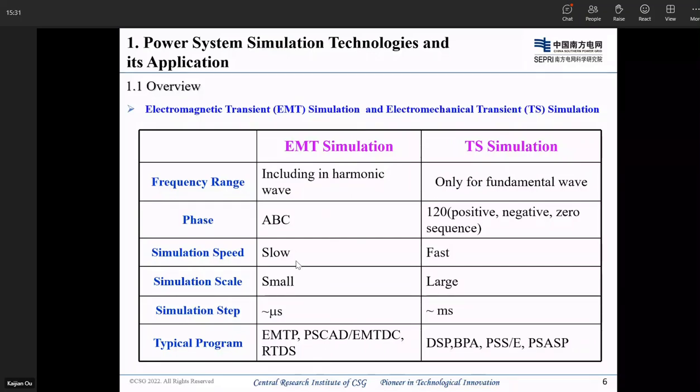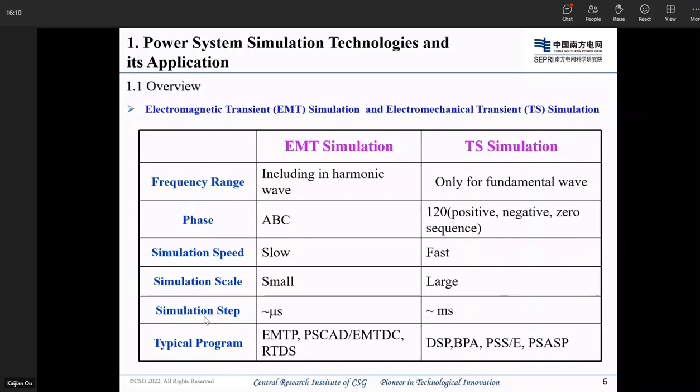For simulation speed, EMT simulation is very complicated, so the simulation speed is slow. For TS simulation, because it does not care about harmonics, the simulation is very fast. For simulation scale, EMT simulation can only do a small power system simulation. For TS simulation, you can simulate a very large power system.